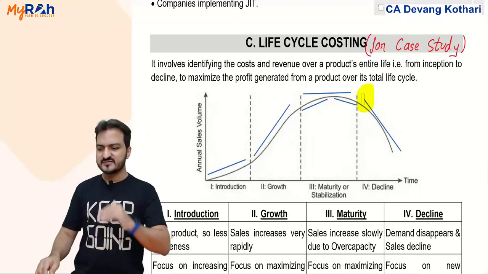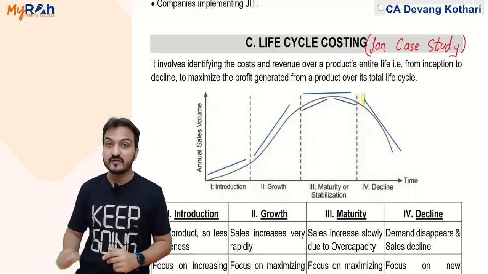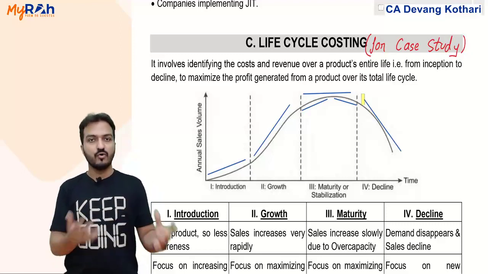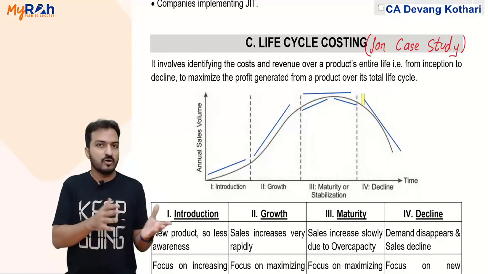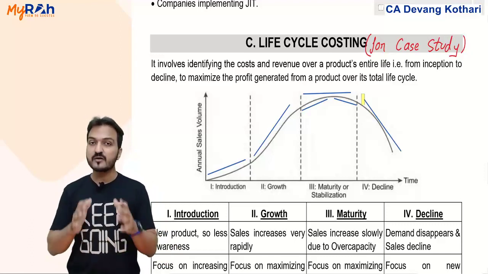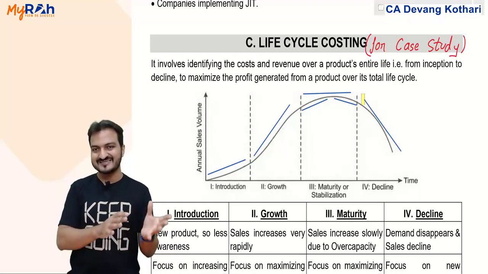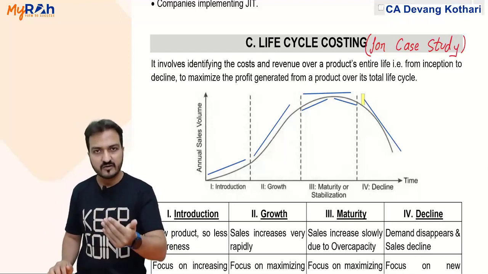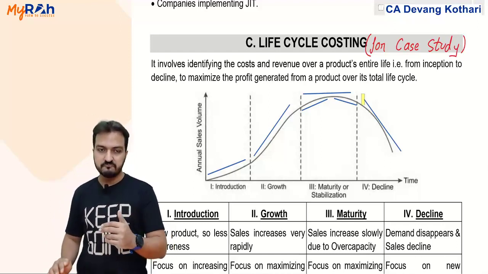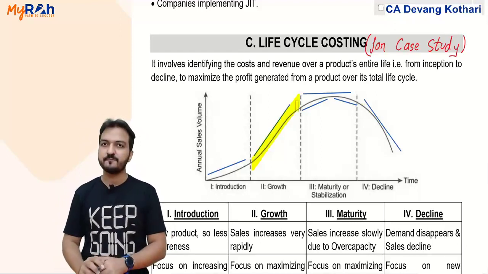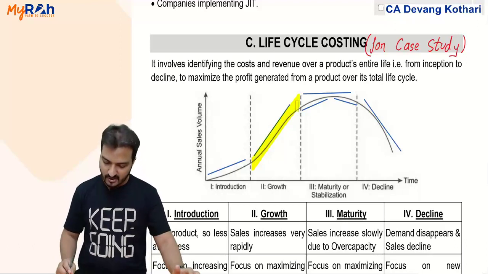Why? Because nowadays the new generation like you people, you don't prefer Facebook as much, you prefer Instagram and Twitter a little more than Facebook. Of course Instagram belongs to Facebook, but as a product, the life cycle of Facebook has started to decline, while the life cycle of Instagram, and say TikTok, is under the growth phase right now. Done? Okay.